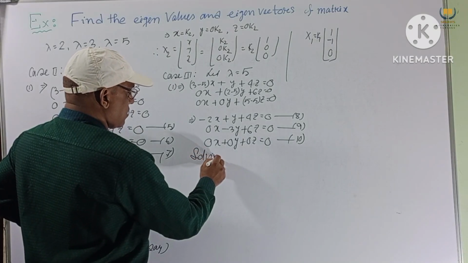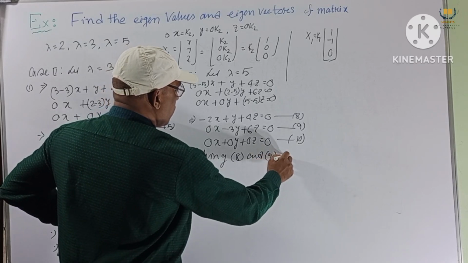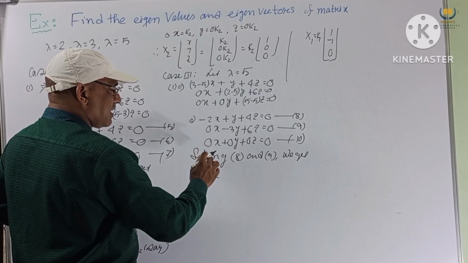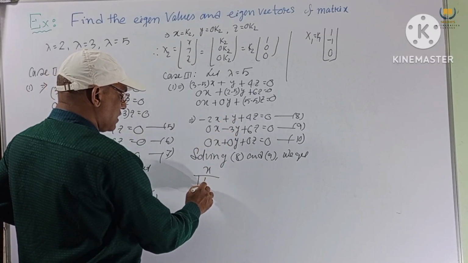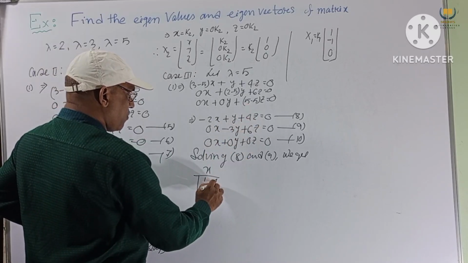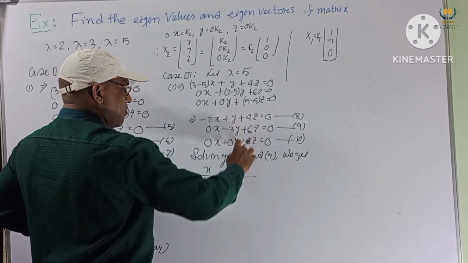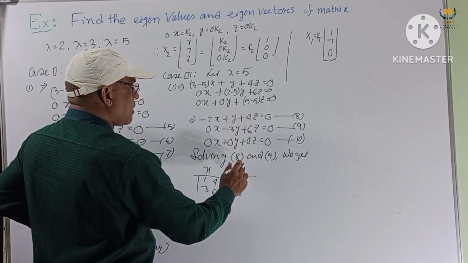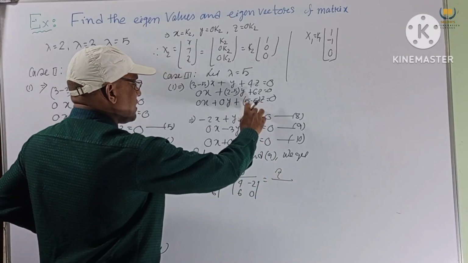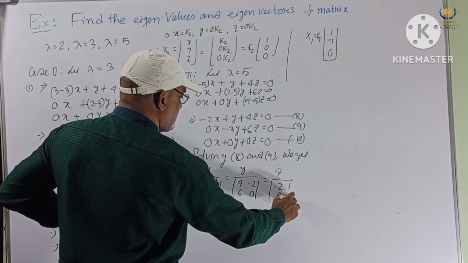Solving 8 and 9, we get, taking x, then x cancels, then this will be 1 minus 3. Coefficient of y is 1, this is minus 3. Coefficient of z is 4, this is 6. Y, then this cancels, 4, 6, minus 2, 0. And z, then this cancels, minus 2, 0, 1, minus 3.